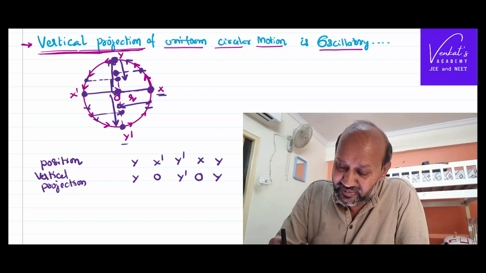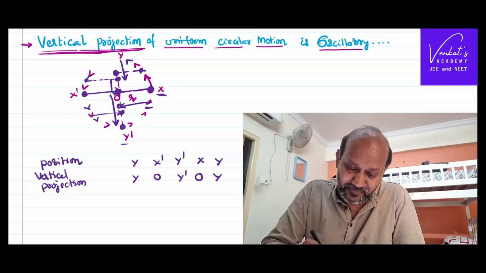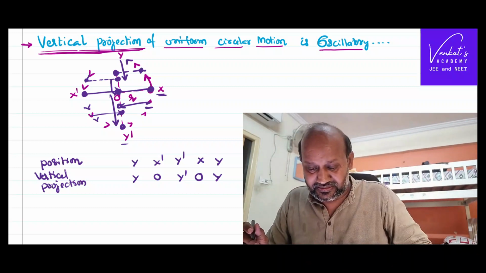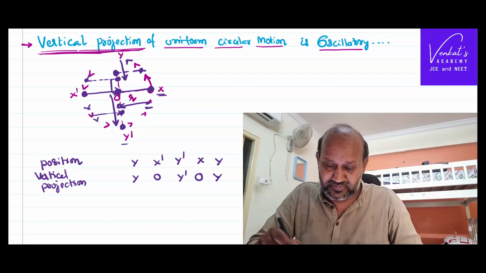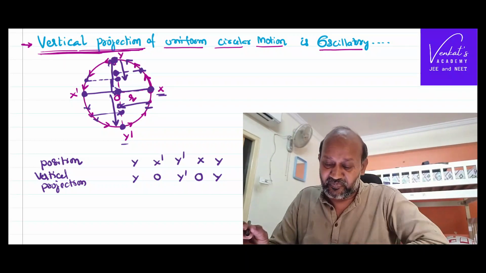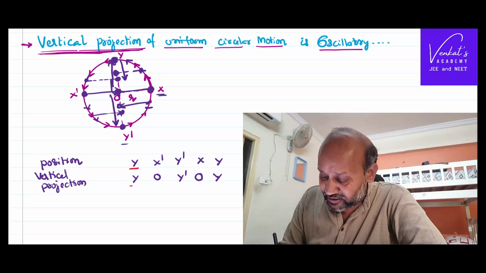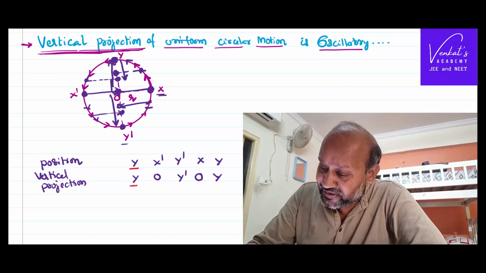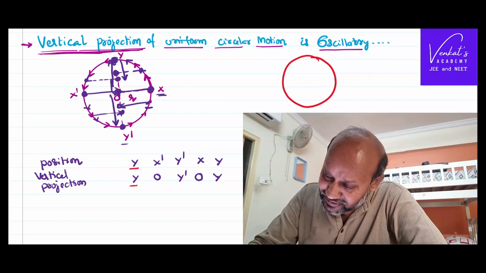You have started from a position y. Its vertical projection is also y. I will draw the diagram again for you just to explain what I mean by that, right? So I'm just drawing a circle.